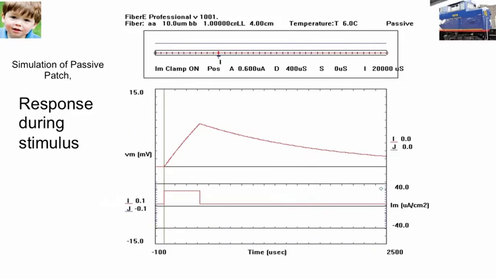Now, of course, what's most interesting to us in these simulations is the response. So let's look at the response of the passive tissue. Here we have it, in this graph. Voltage in millivolts. And we see that during the stimulus, voltage rises.